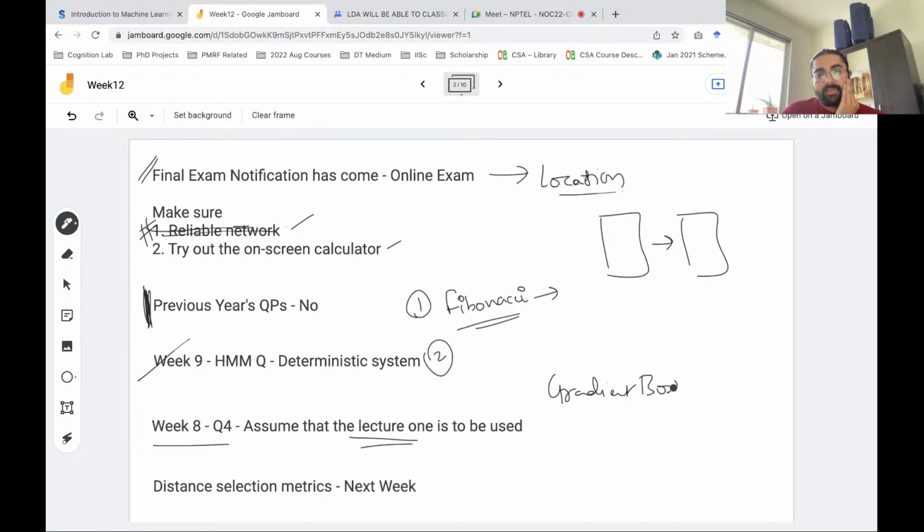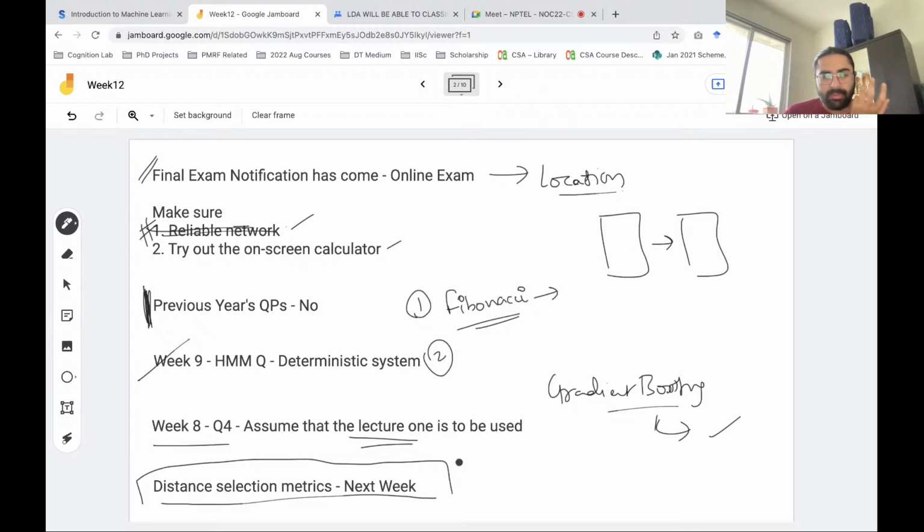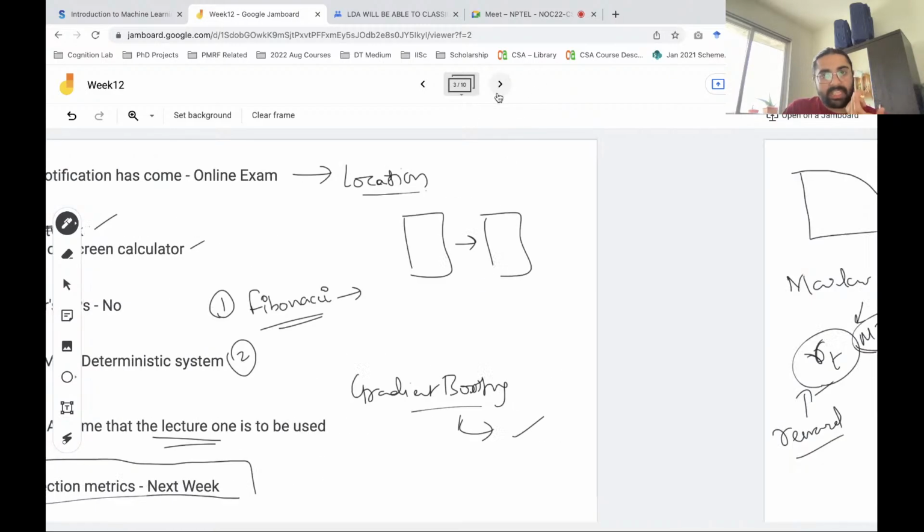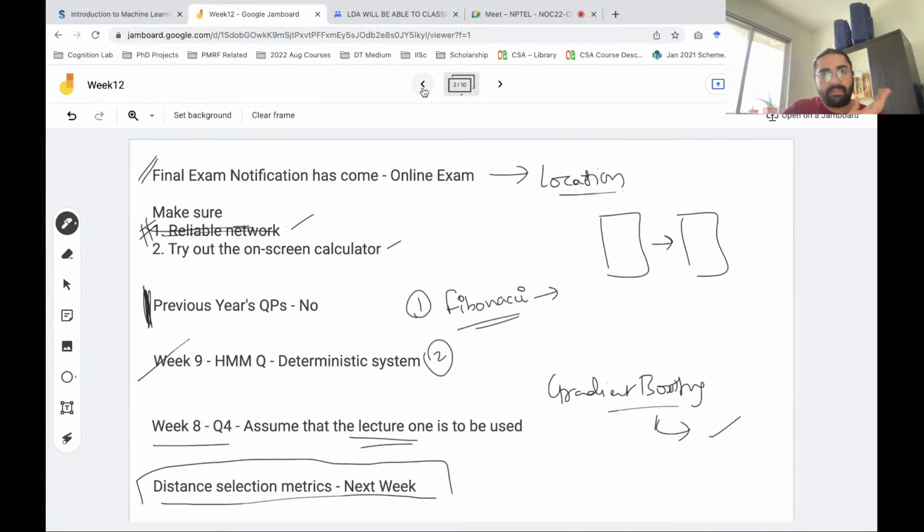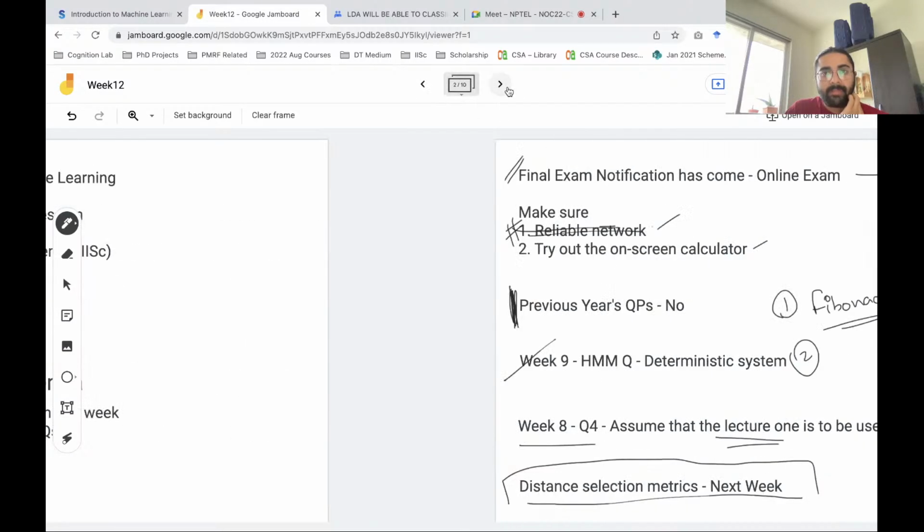If it is not mentioned, please assume whatever has been mentioned in the lecture, and do the selection of metrics for this distance metric. I haven't gone through it anymore, so we'll see if possible we'll do it next week or not. I'm not sure if we have a next week lecture also, but if we have, we'll try to do that there.